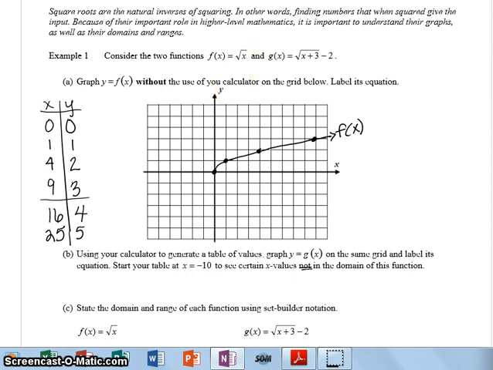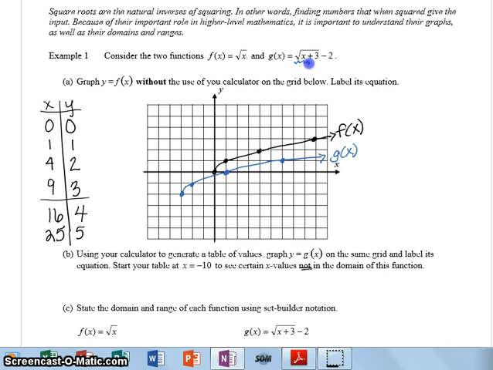Okay, so now if I were to plot that actual graph, it would be here. Okay, so here is the g graph. And if you notice the location from the original origin, it moved over 1, 2, 3 to the left and down 2.